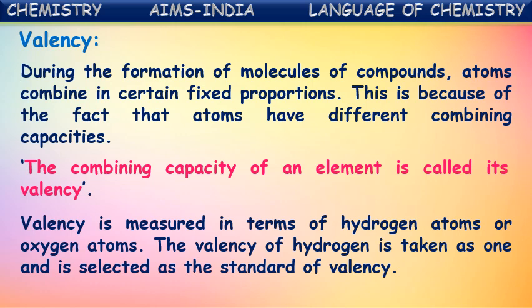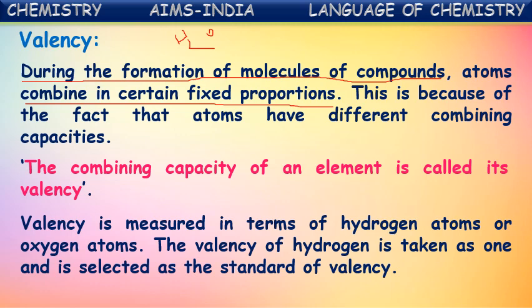See, during the formation of molecules of compounds, atoms combine in certain fixed proportions. Water is a compound. We write the water molecule as H2O. Wherever you write it, the chemical representation of the water molecule is H2O only. There is no change.